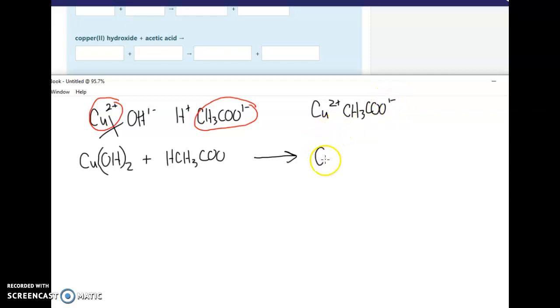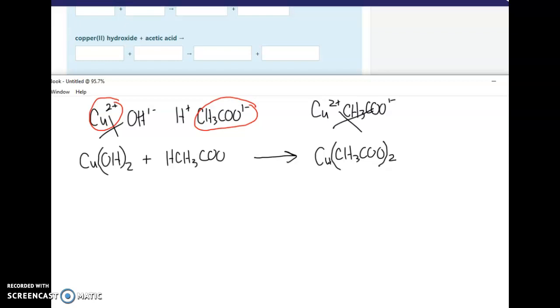Rewrite them together. Move your numbers. 2 goes down here. I'm putting a number next to a polyatomic ion, so it requires parentheses. This is a 1. I do not have to write it.